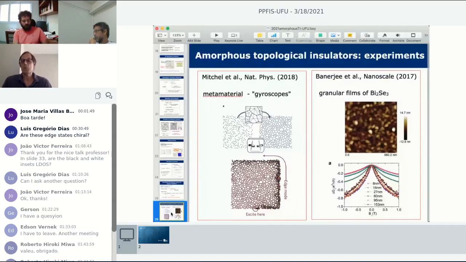From naively reading, they have observed a 3D topological phase in an amorphous bismuth selenide system, if whatever they report is correct. I didn't put it here because it's not published. It's in my previous talks, but since it's taking so long to be published, I guess there are some problems there, so I refrain from showing it to you.